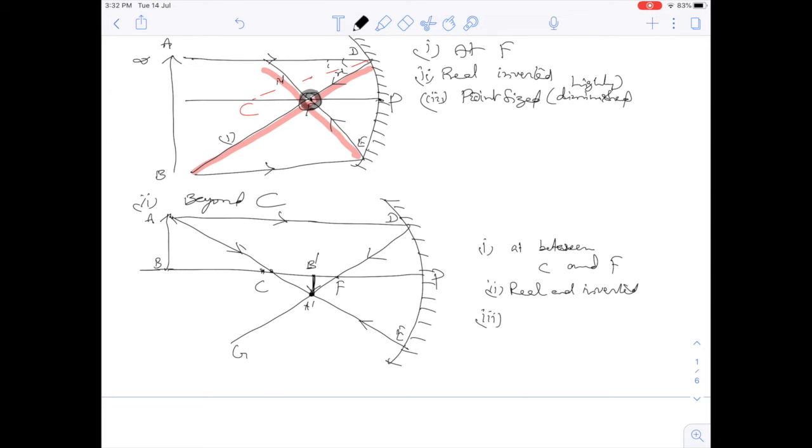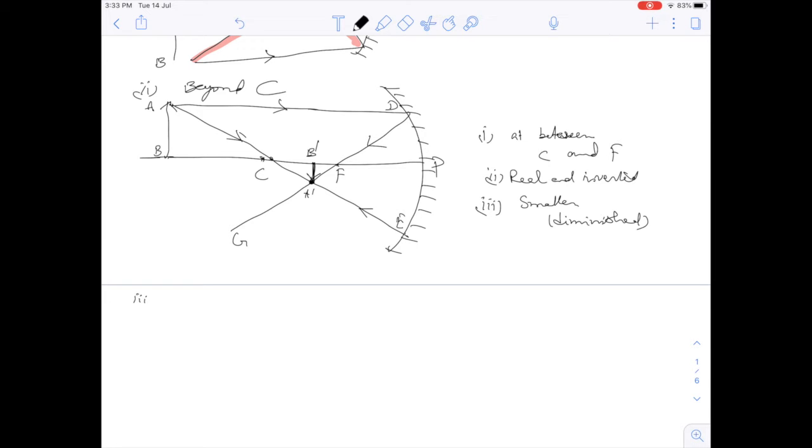And what is the size? Obviously the size is smaller than the object, which means I can write diminished. So you can have some small size there.